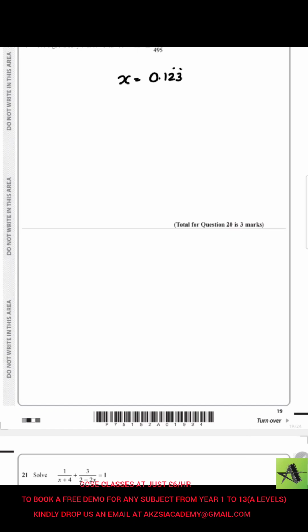0.123 recurring. Now what I want to do is multiply so that after the decimal there will be only the recurring number. So if I multiply both sides by 10, this will give me 1.23 recurring. That's what I wanted. I told you we have to multiply by a number so that after the decimal there will be only the recurring number.